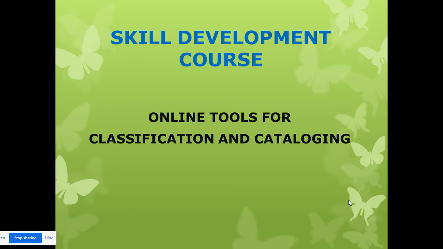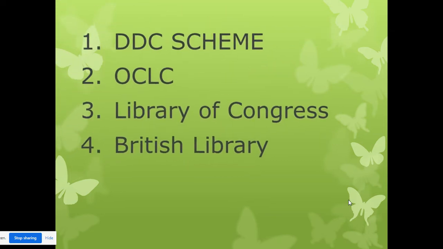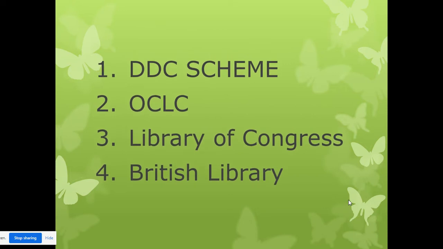Which online tools are available? Number one, these are the online tools which are available for us to classify our library material and make their catalogs. Number one, the DDC scheme.